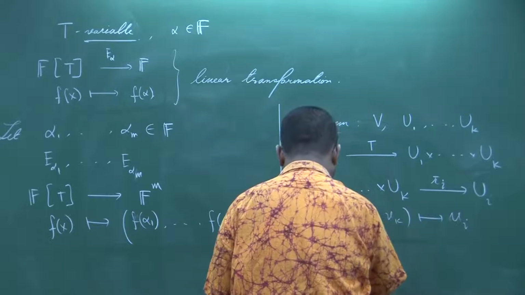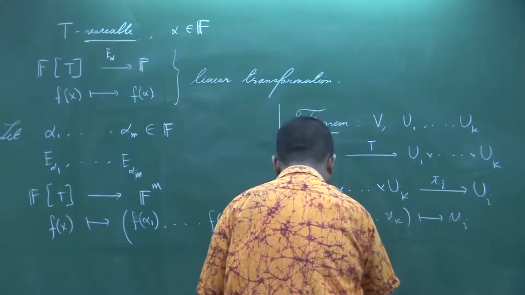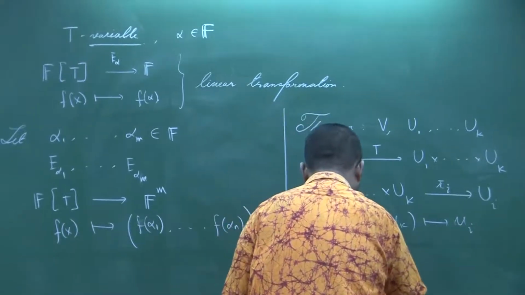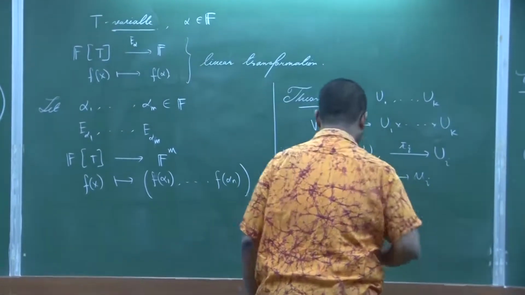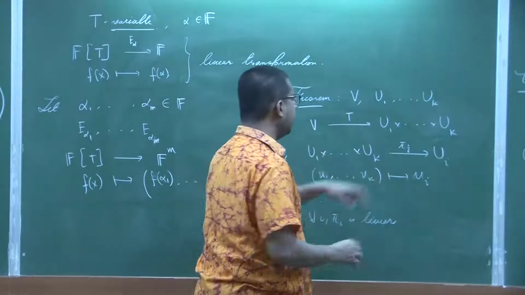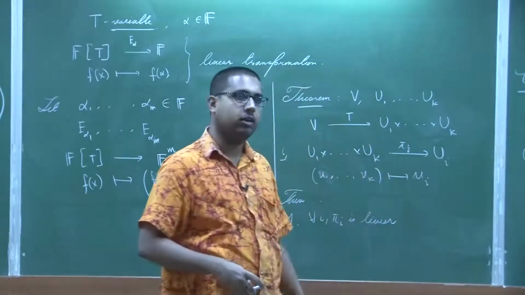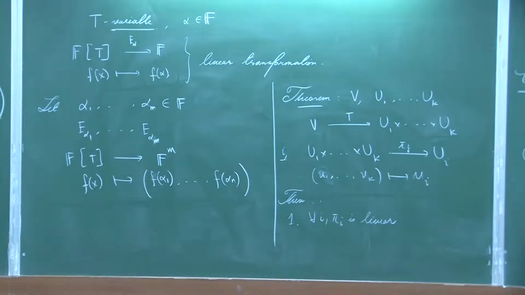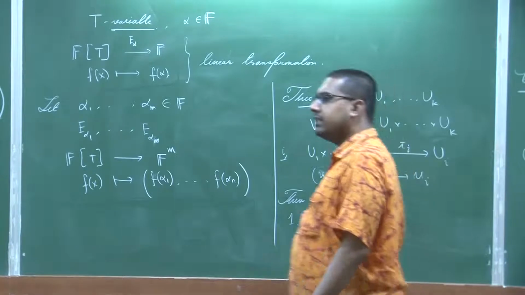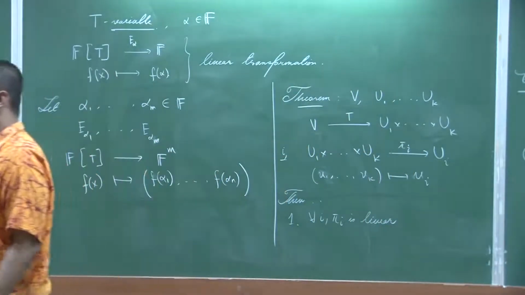Now, if T is linear, then T composed with pi i will be linear, because the composition of two linear maps is linear. So, if T is linear, then for each i, pi i composed with T is linear.